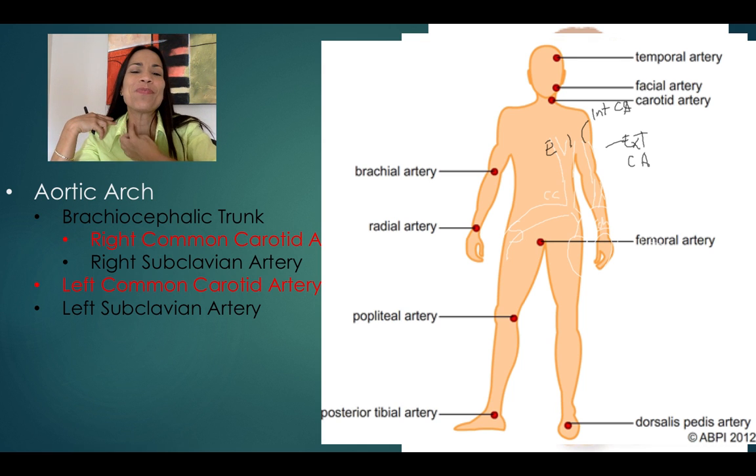On the anterior border of the sternocleidomastoid, at mid-neck height, you can feel your carotid artery pulse. The rest of the pulse points, we're going to describe when we describe the corresponding arteries.